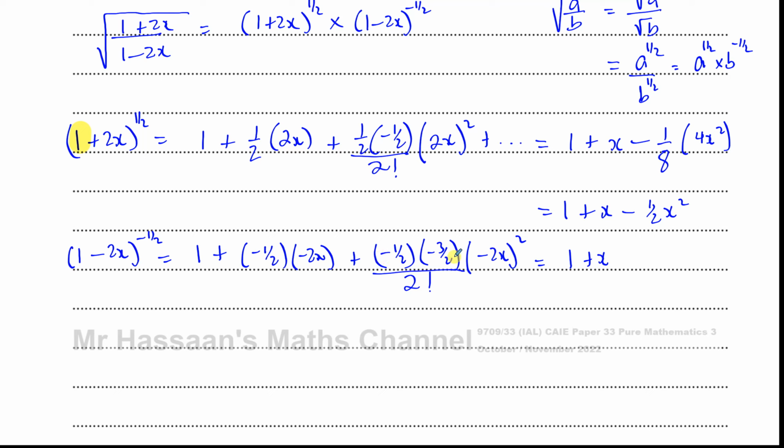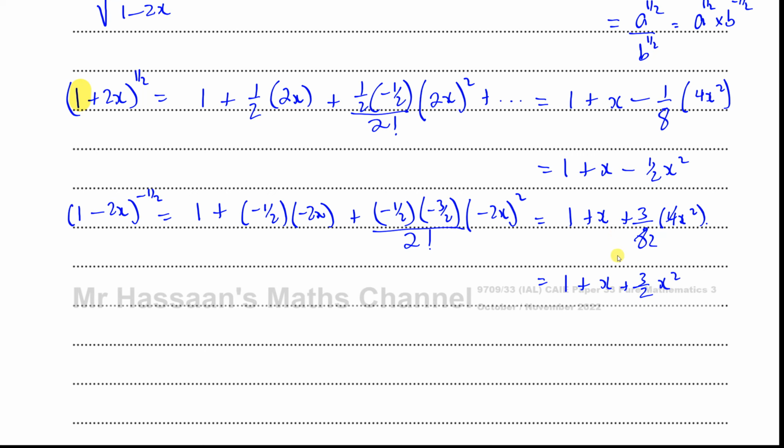And here this is going to become positive again, because you have minus times minus, which is plus. This minus something squared is going to be positive, so the whole term is going to be positive. You're going to have 3 over 8, because you have 2 times 2 times 2 in the denominator, times positive 4x squared. So this will give us 1 plus x, and this will cancel with this, plus 3 over 2 x squared.